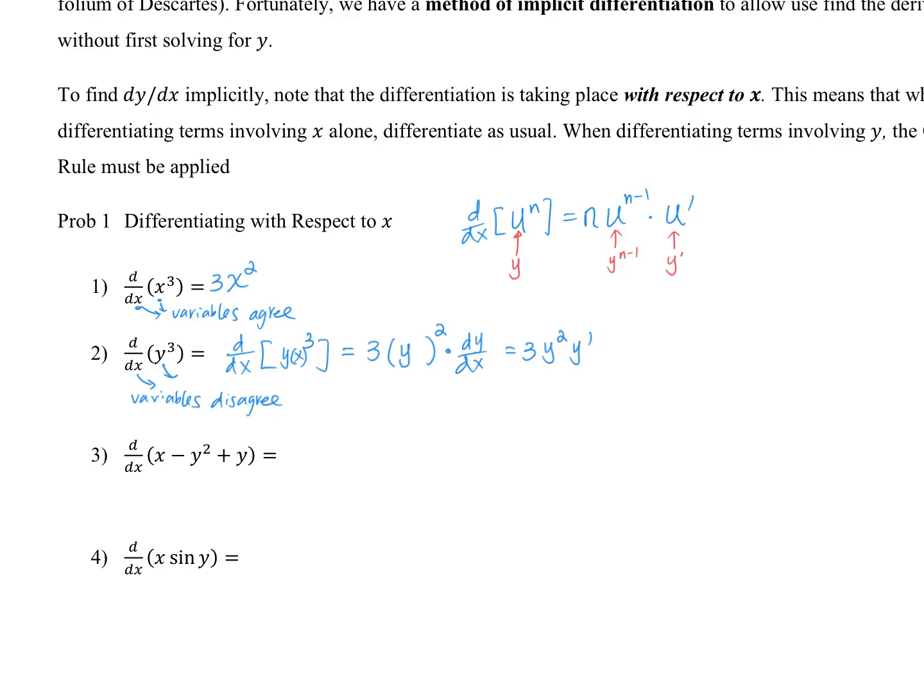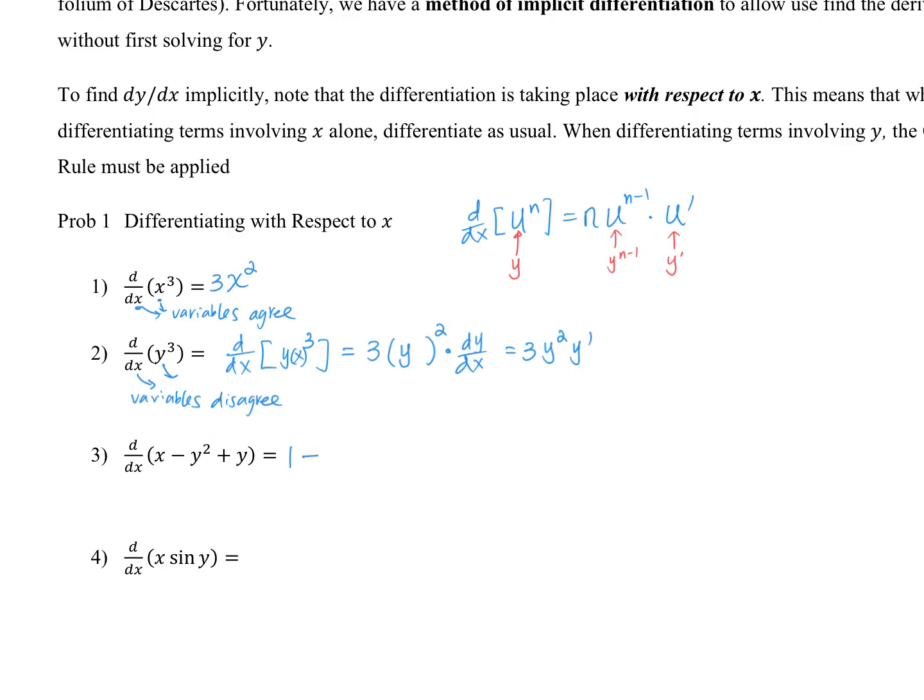Okay, with that, let's move on to the next example. Here we have a sum or difference of several functions. For the derivative of the first one, which is x, the variables agree, so we just use the regular power rule. The derivative of x is 1. Minus the derivative of y squared.